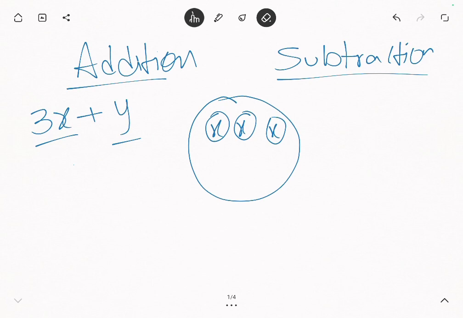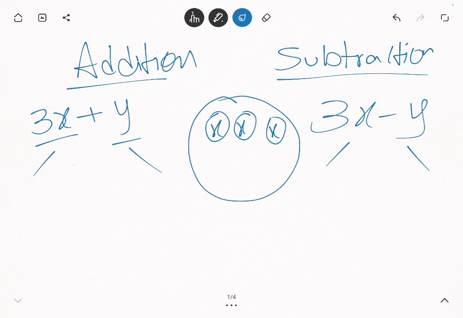I can't do that. In apples, we have only apples. In bananas, we have only bananas. So I can't subtract a banana from three apples. Right? So simply, we just leave them like that. We can't go further.